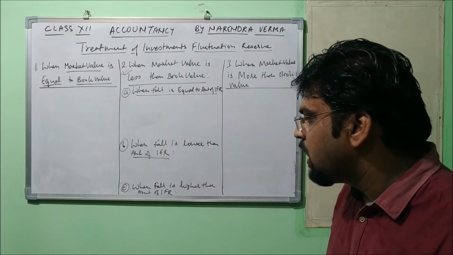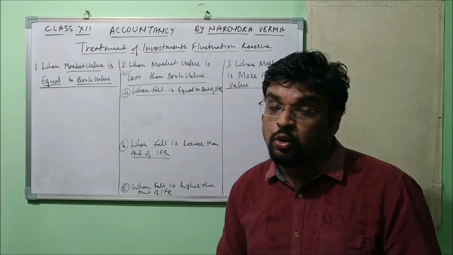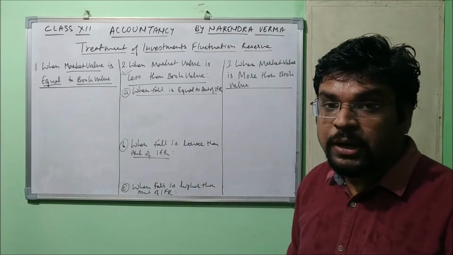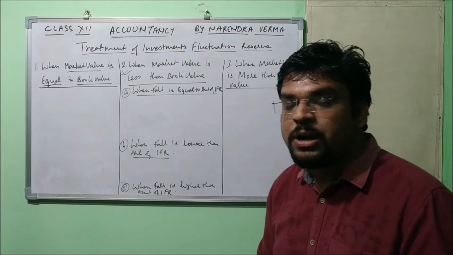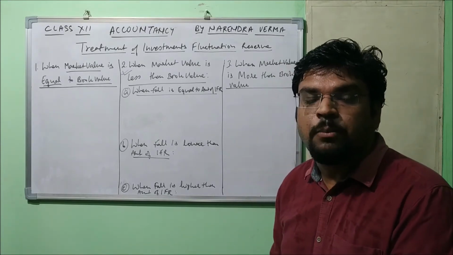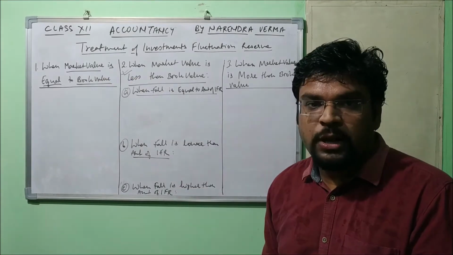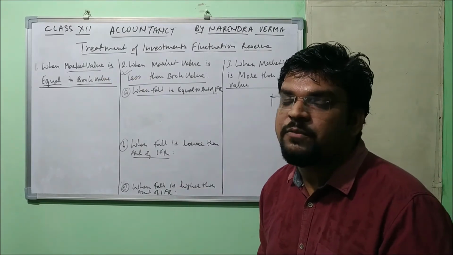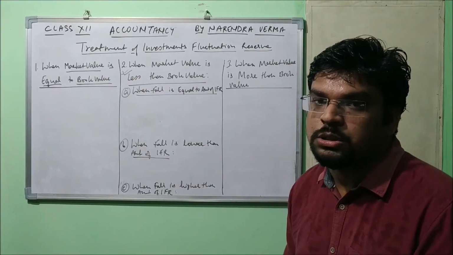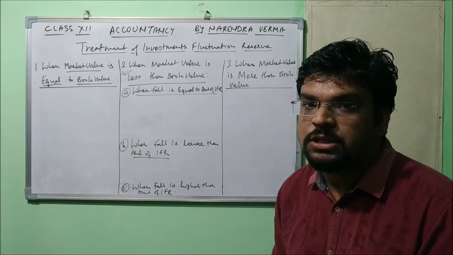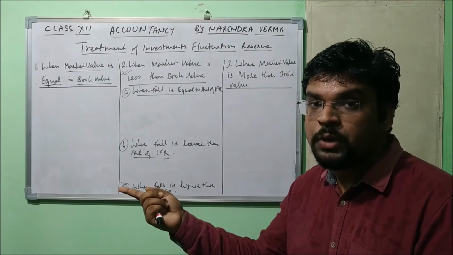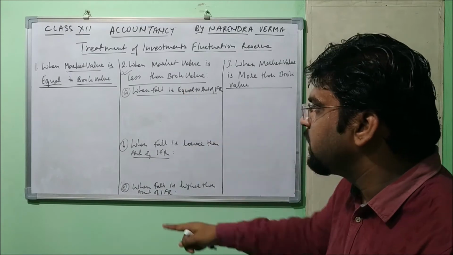And the last case, when fall is higher than the amount of IFR, it is also possible. Okay, with the same example, I just make you understand. 80,000 is the market value, 1 lakh is the book value, and reserve we have maintained only for 10,000. Okay, but the fall is there of 20,000, so that is more. Understood? So these three possible cases are there.